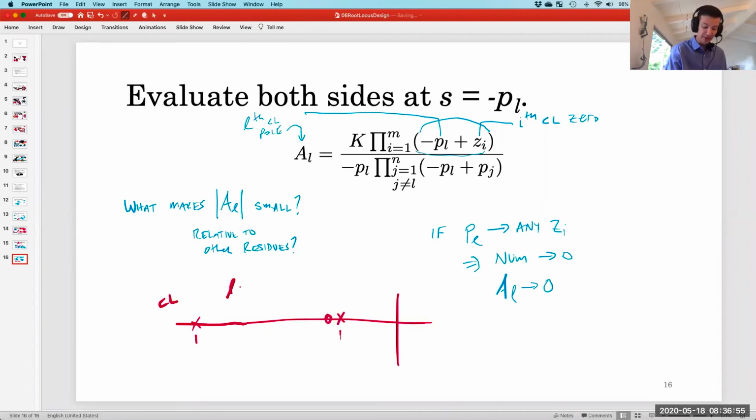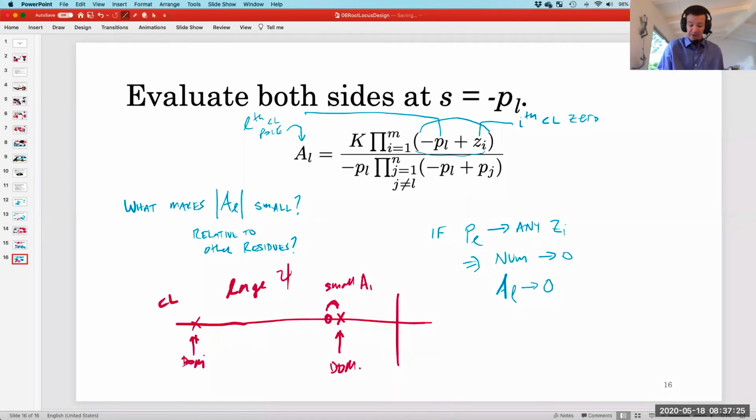This is a large psi. On the other hand, this is a very small distance, so this is a small residue, say less than 1. So these are two competing factors. The large psi says that this pole should dominate. The small residue says that this one should dominate.